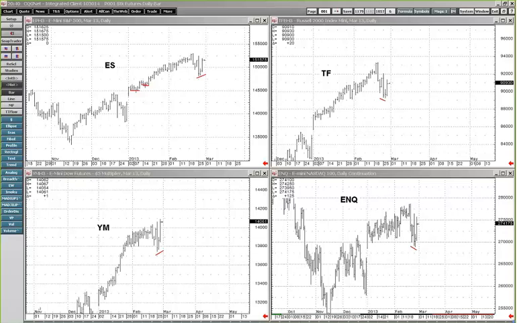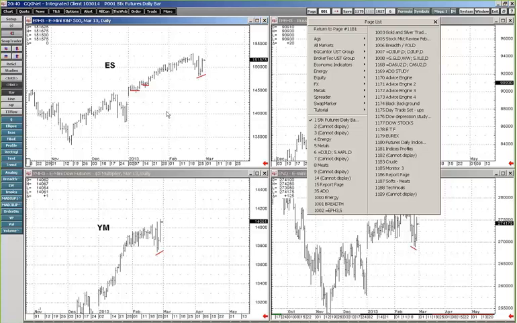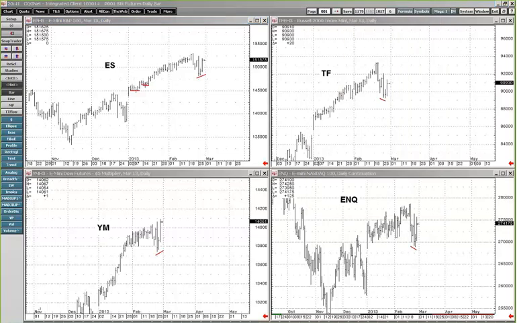Now, the other thing about balance areas is, and I have had this happen with mentoring clients, they think, okay, all I have to do is identify this structure in some time frame because it's a fractal process and all the rules apply, so I'm going to trade balance areas all day long and it's going to work. And I have had some real pushback from clients who have said, well, I traded this balance area and it didn't work.